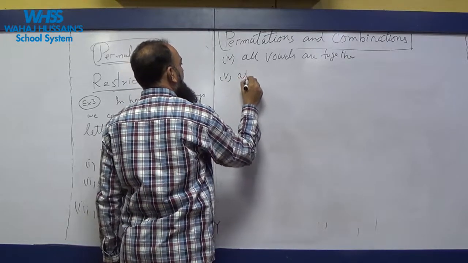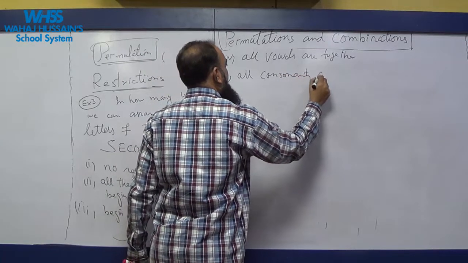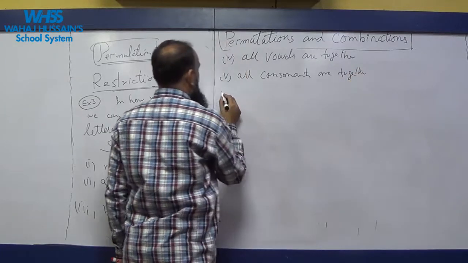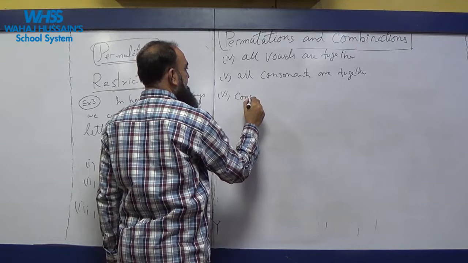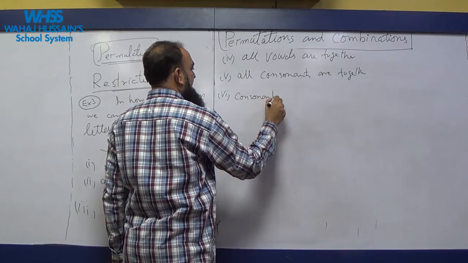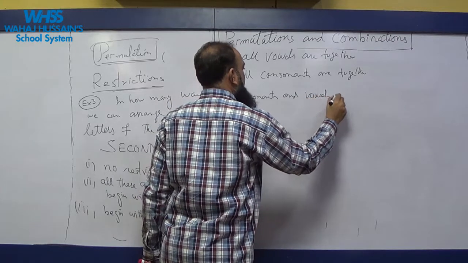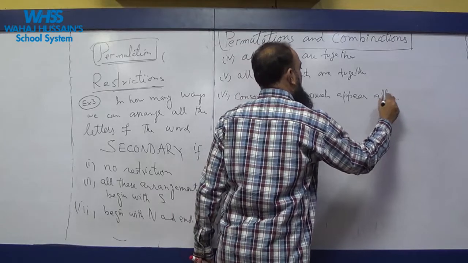Fifth part, all consonants are together. Sixth part, consonants and vowels appear alternately.